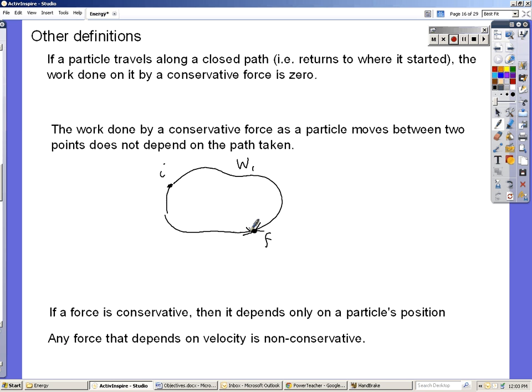The work done as we move the particle along that path is W2. Well, if it's a conservative force, W1 equals W2. And if we were to turn W2 around, it would become negative. And W1 would equal negative W2, which is what we said in our original definition. This path independence is the most useful definition of a conservative force.